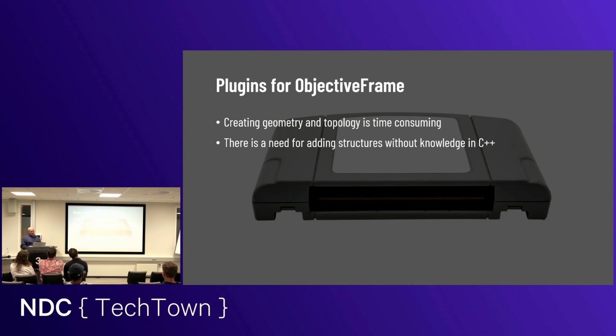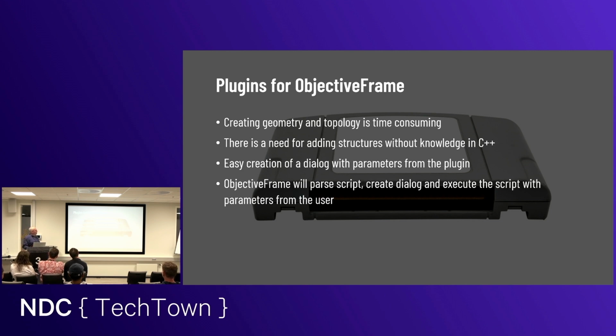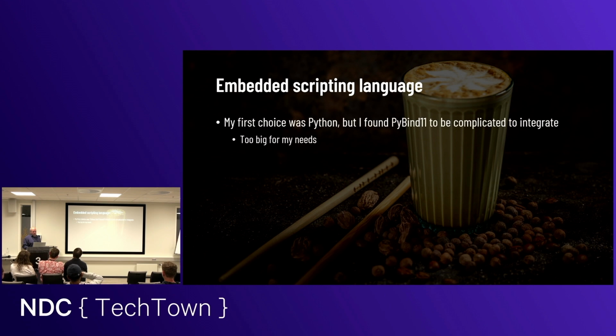And you also need to be able to add some functionality without large knowledge of compiling and linking C++. I also need something that can create a dialog box with some parameters from the plugin code. And then ObjectiveFrame will parse that script and create a dialog from that.